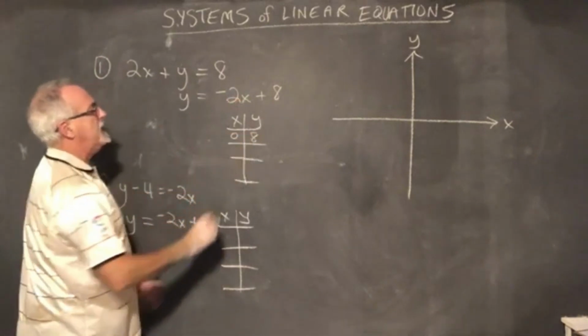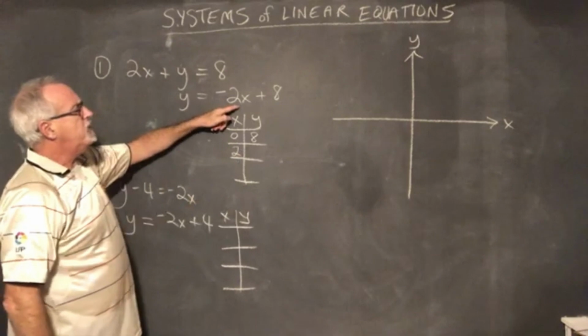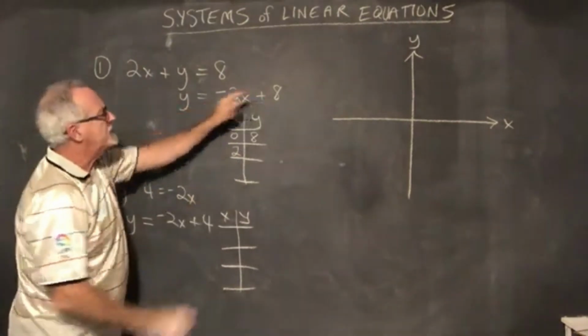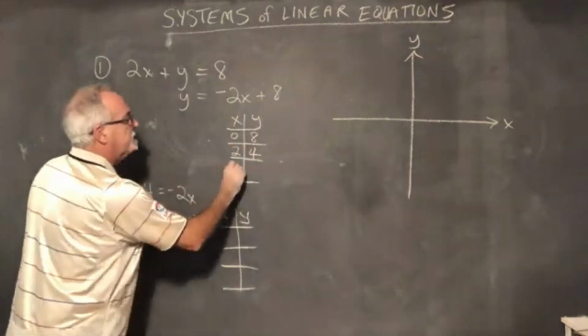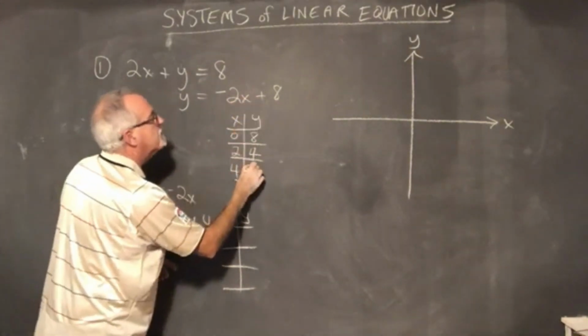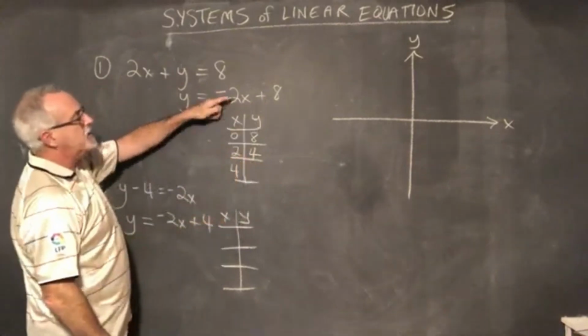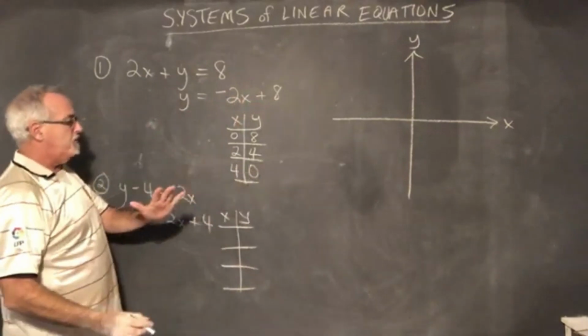We have the point (0, 8). If x is 2, negative 2 times 2 is negative 4, and negative 4 plus 8 is positive 4. We have a second point. If x is 4, negative 2 times 4 is negative 8, and negative 8 plus 8 is equal to 0. We have our third point.